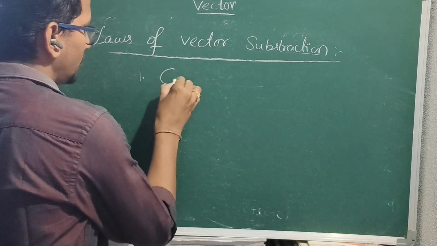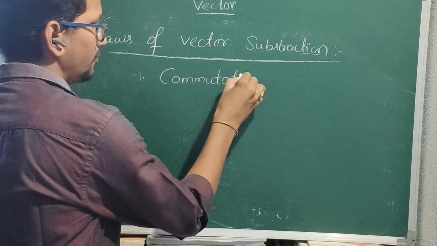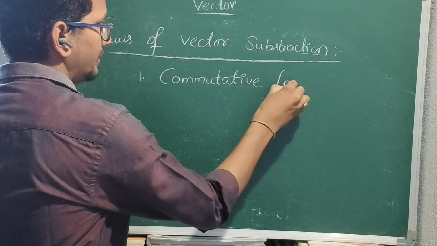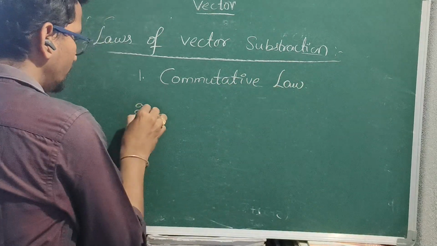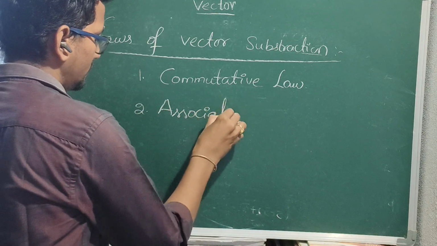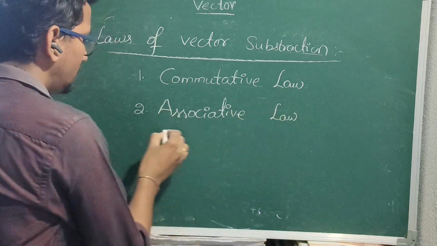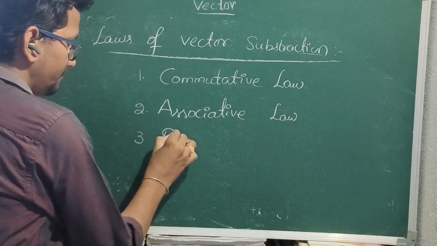First one is the commutative law, second one is the associative law, and third one is the distributive law.